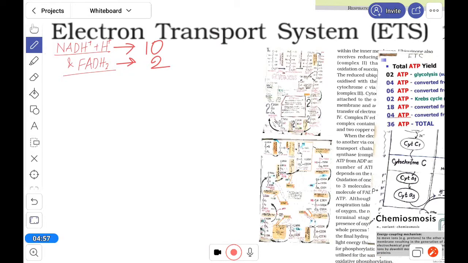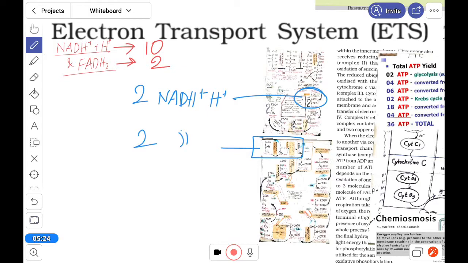If you ask me how it is possible, then I'm telling you, look here: one NADH plus H, here it will be 2, because the Krebs cycle you have to multiply by 2 in every case. In between here also the same, 2. Here the NADH plus H is 3, which means it will be 6.